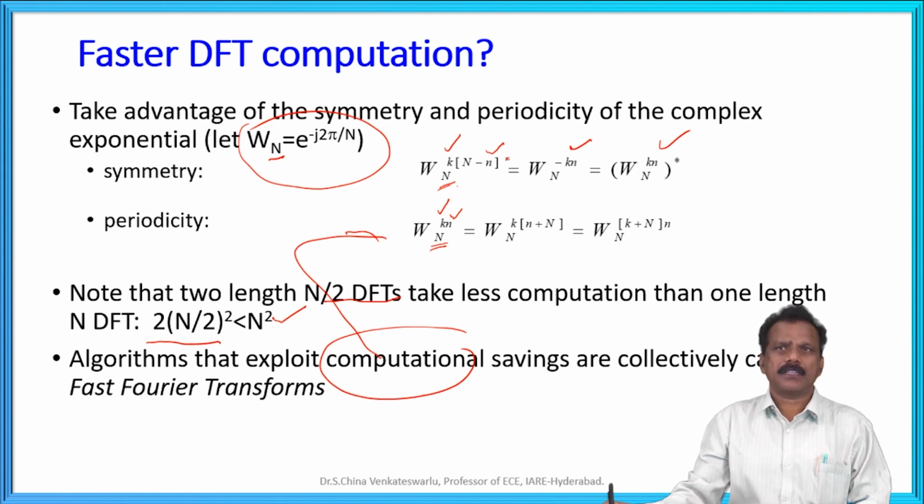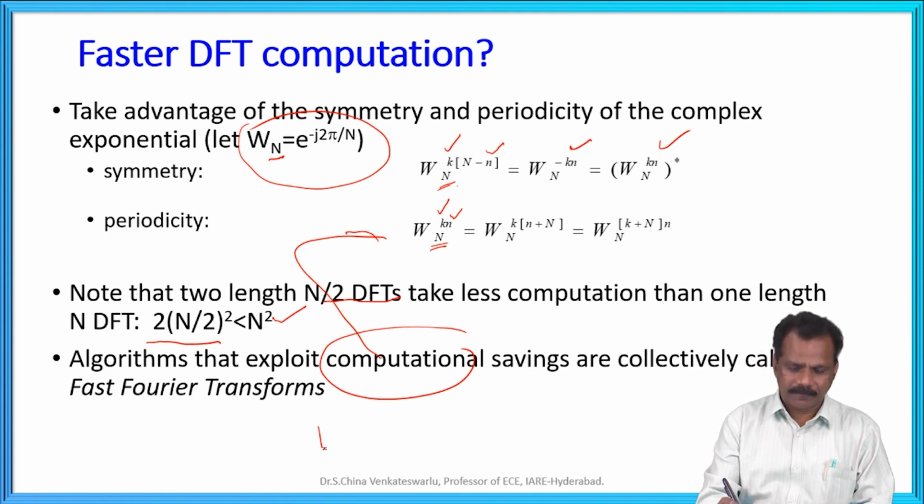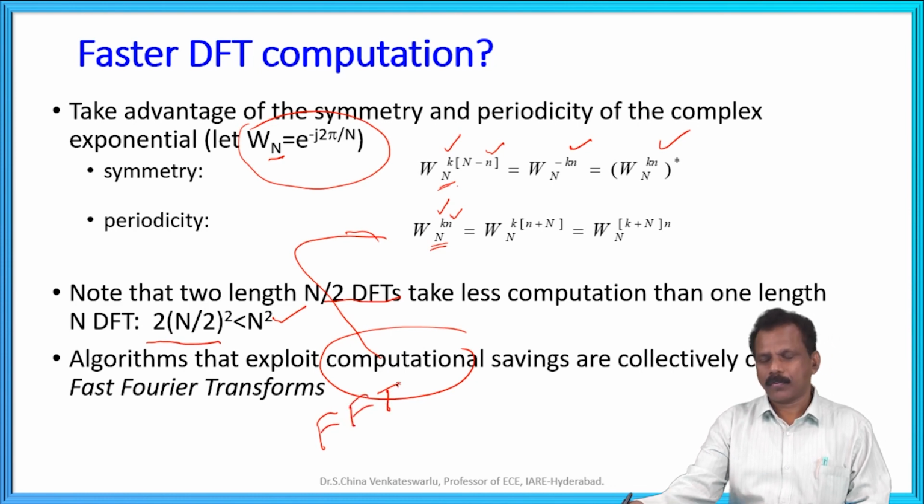After that, each weighting function, each twiddle factor, has to be computed. So our computations are very high, and you have to compress that and save the computation time. Algorithms that exploit computational savings are collectively called the fast Fourier transform, FFT.